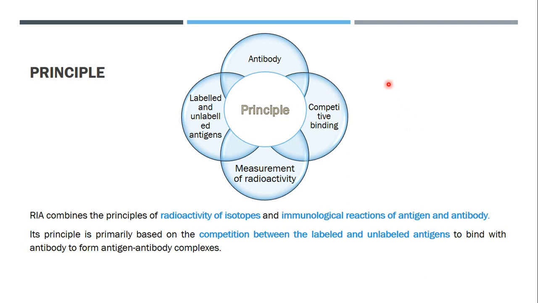Now, if we use two types of antigens like labeled antigen and unlabeled antigen, they both are going to compete with the antibody for binding because they are the same antigen. Only the difference is one is radioactive and the other is non-radioactive. So the competition occurs between them for binding with antibody.